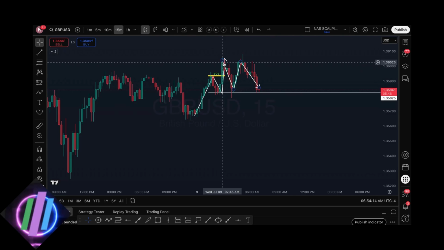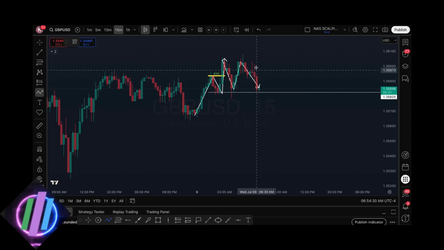We bounced, made a high from this support, bounced back, wasn't able to break structure again, and we're here again, just waiting to see what happens. There's a strong possibility that we may continue to go up or go down. You just need confirmation. And if we bounce off here and go up and break these highs, that would be another break of structure.